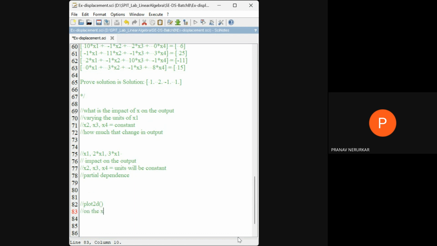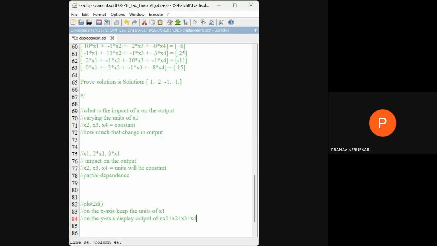On the x-axis, keep the units of x1. On the y-axis, display output of n x1 plus x2 plus x3 plus x4.